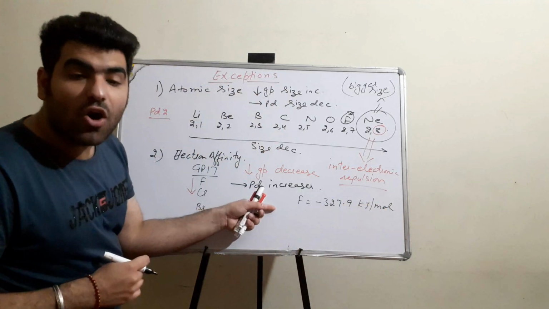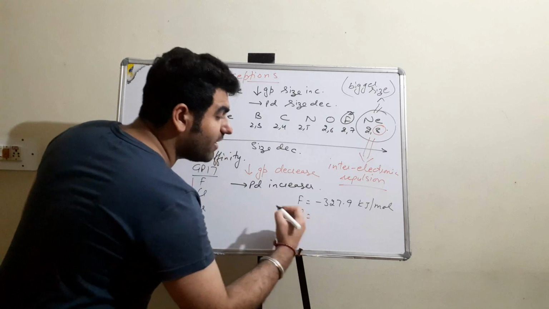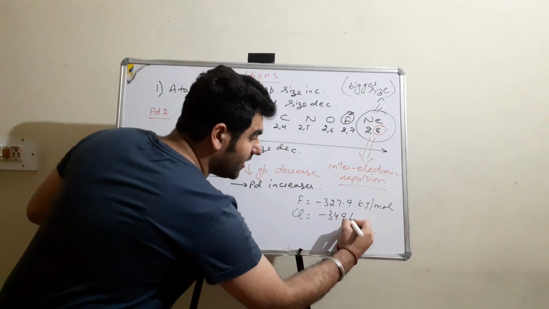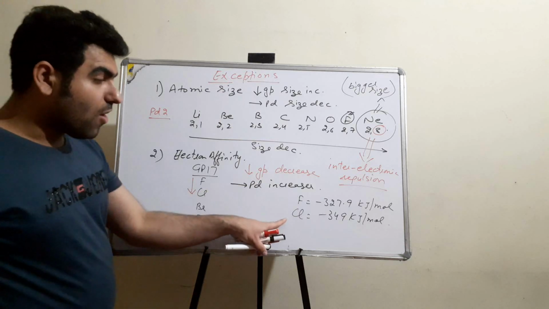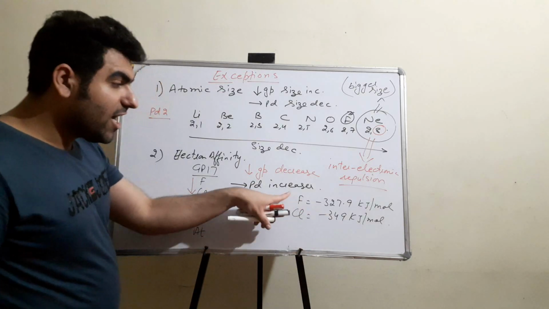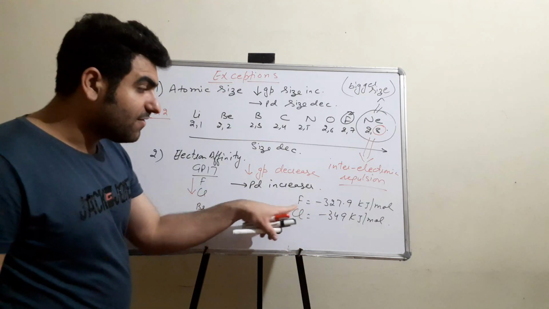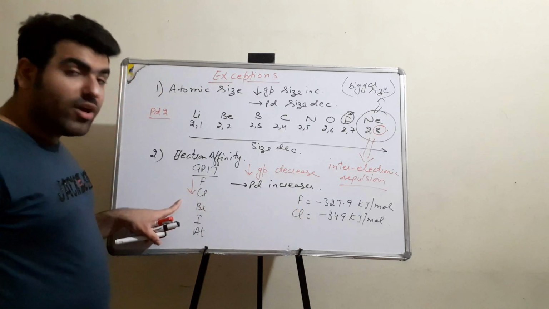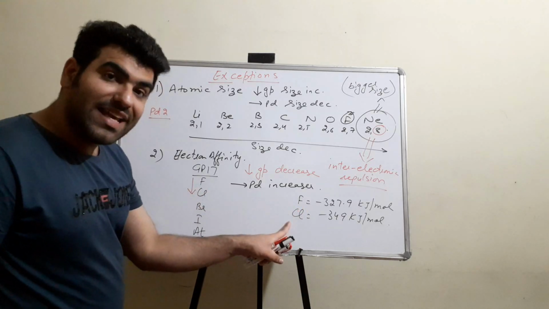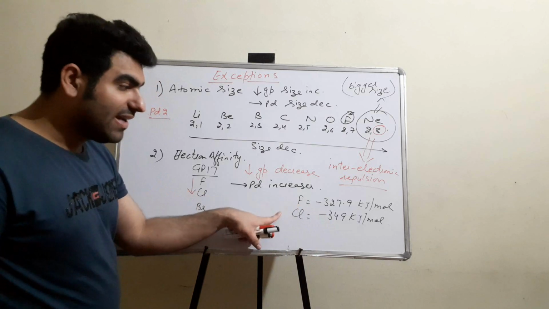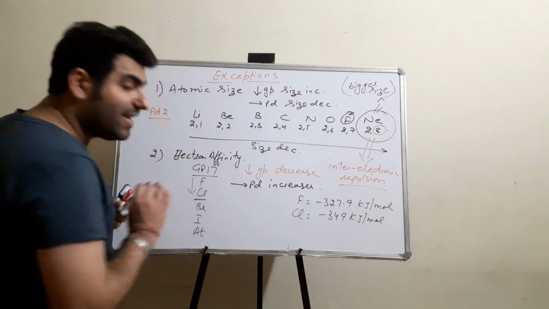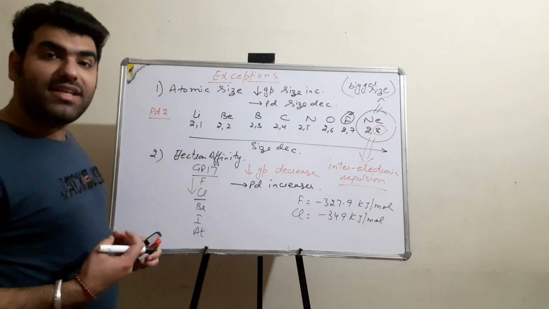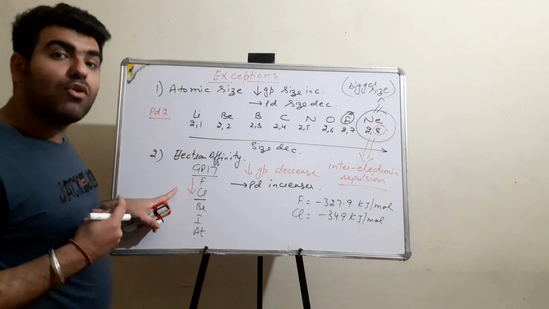For chlorine, the value is minus 349 kilojoule per mole. So the value clearly says it is increasing. It means chlorine can easily accept the electron as compared to fluorine.